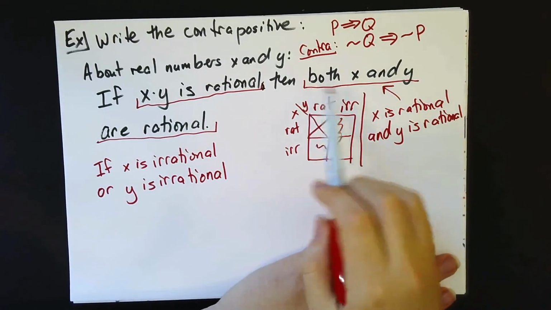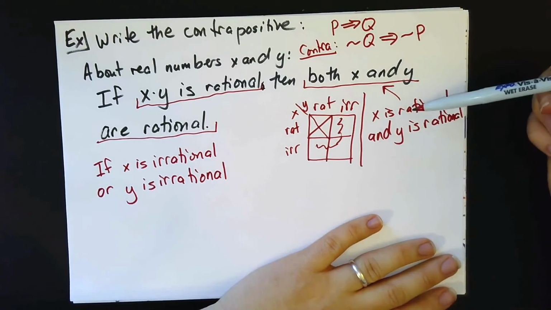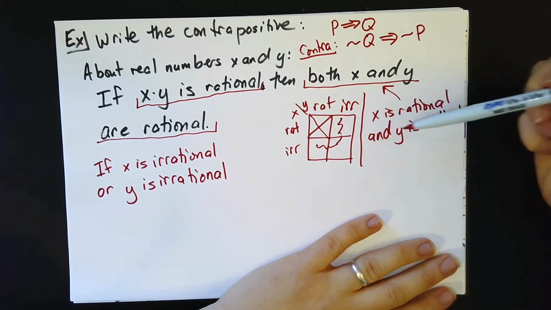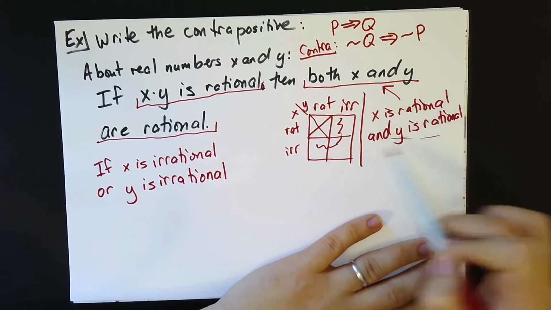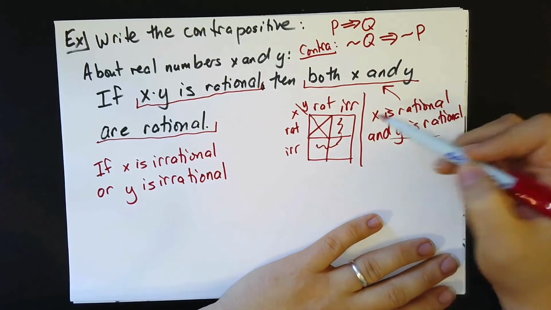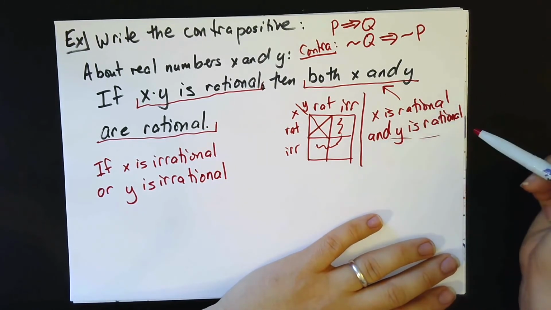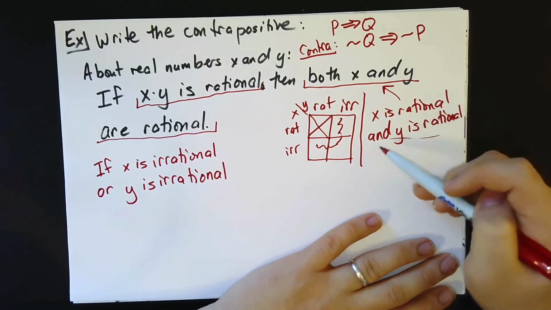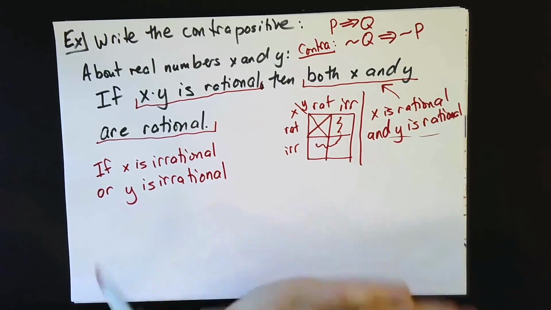Namely, this both x and y blah is just a linguistic way to shortcut saying x is rational and y is rational. And once you think about it this way, then our usual De Morgan's law exactly applies. X is rational gets negated to x is irrational, y is rational gets negated to y is irrational, this and becomes an or, and we end up in exactly the same place.